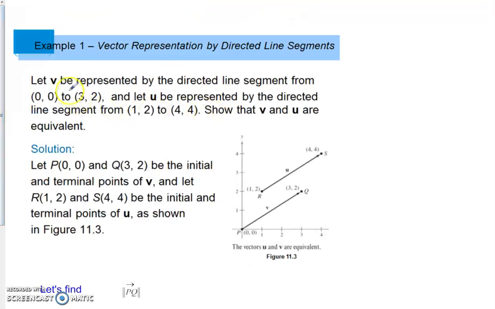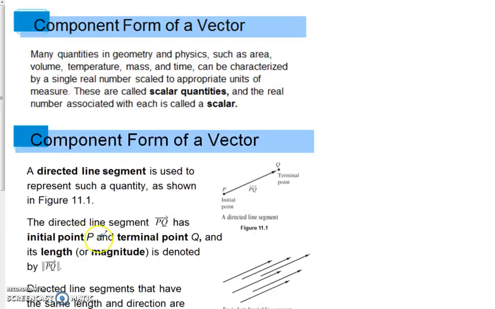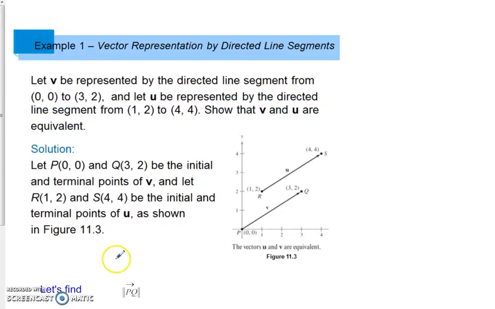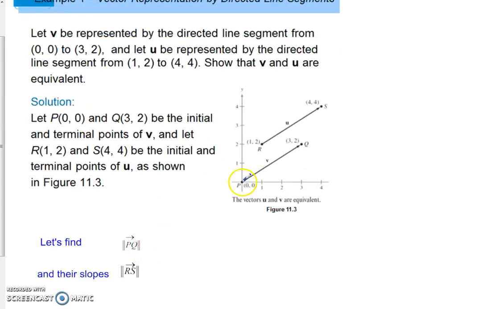Alright, let's go back to this page. We've got two vectors, our directed line segments, PQ going from (0, 0) to (3, 2), and RS going from (1, 2) to (4, 4). We want to show that they're equivalent. If I slide back a page, we can say they're equivalent by having the same length and direction. The length we find using the distance formula.